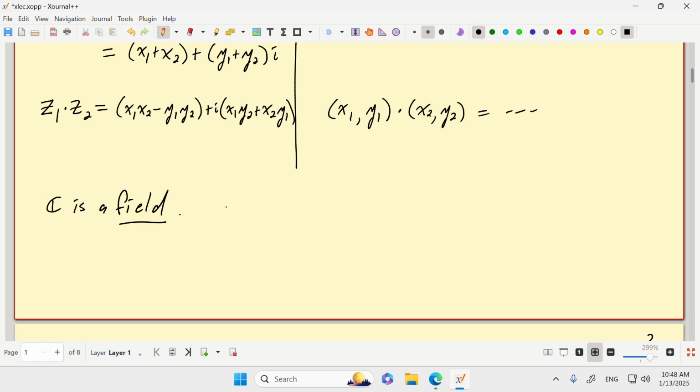Okay, and so if you're going to talk about a field, you need a zero element. Of course, the zero element is 0 plus 0 times i. And we'll write 0 for that.